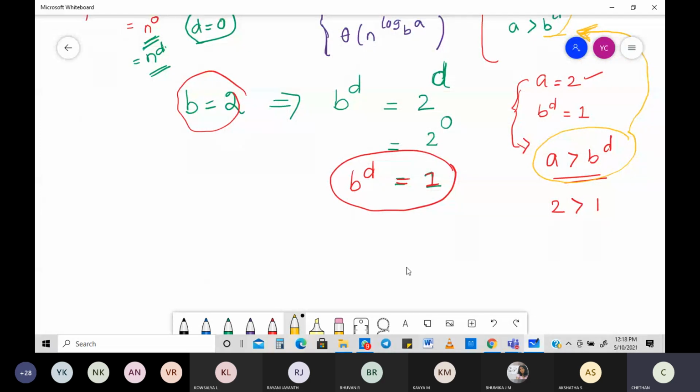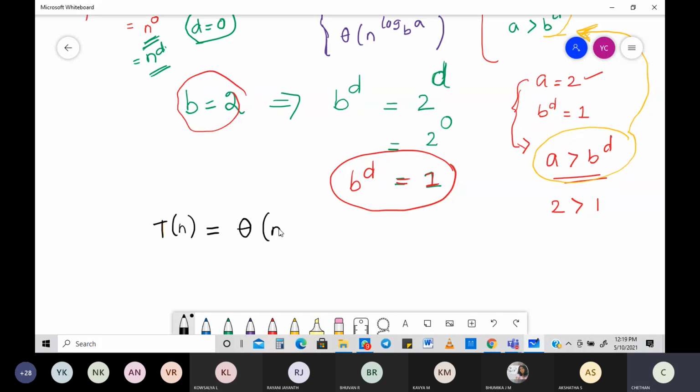Can I write that now? The time complexity, that third one is getting satisfied. So the time complexity, which is nothing but T of n, will be given as theta of n to the power of log b a. Nothing new.